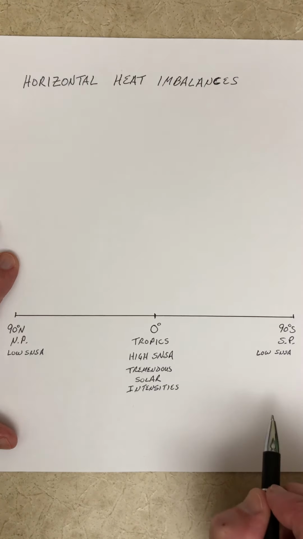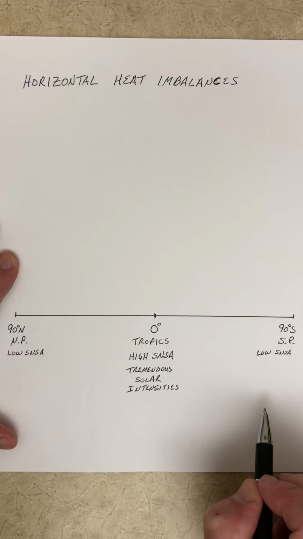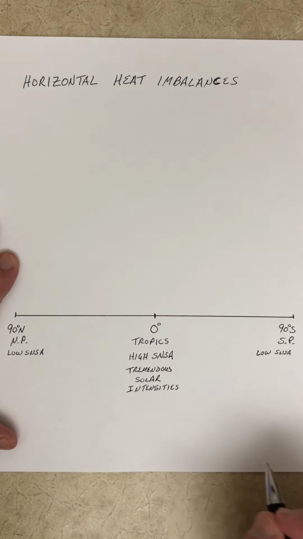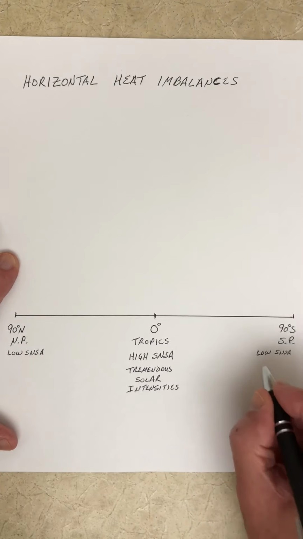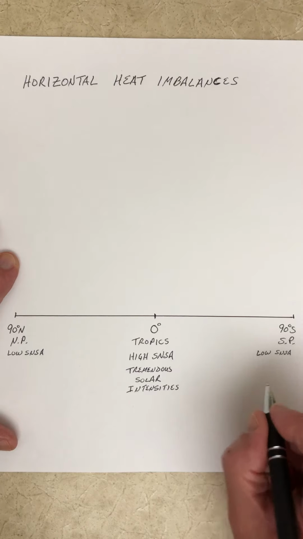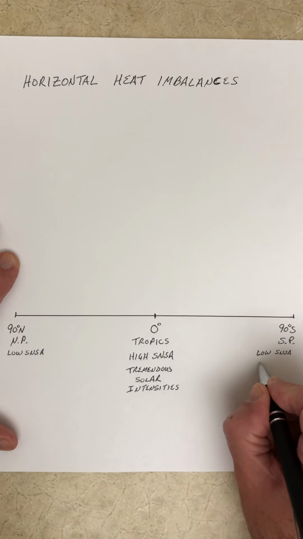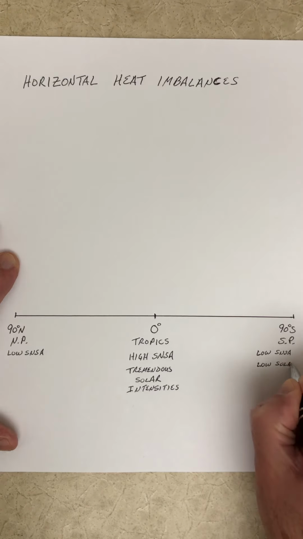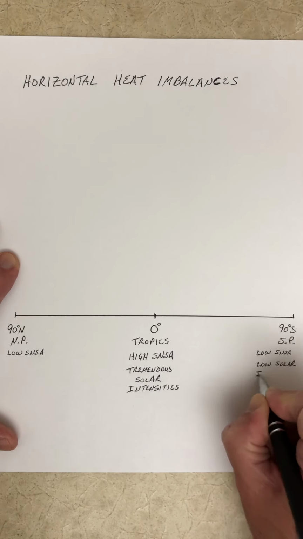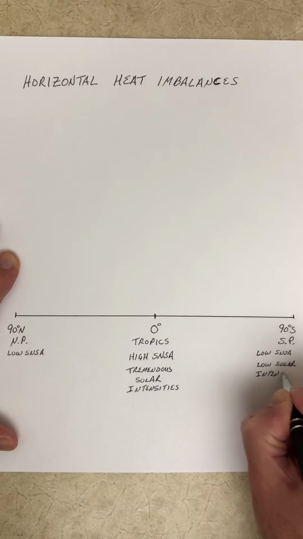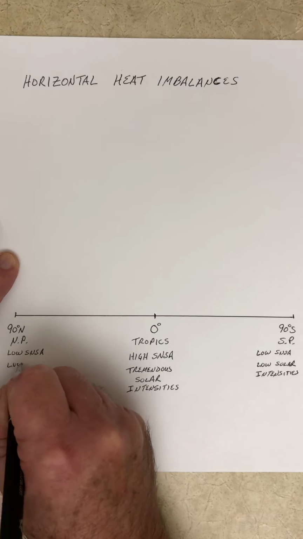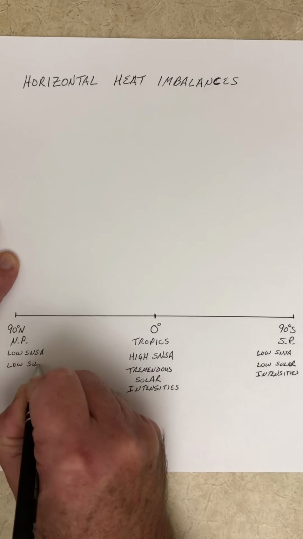They have 24 hours of darkness, or at least twilight, during certain parts of the year. So low solar noon sun angles when they do have a sun angle, and so this means that they are going to have low solar intensities, or no solar intensities, depending on how you look at it. So lower solar intensities.